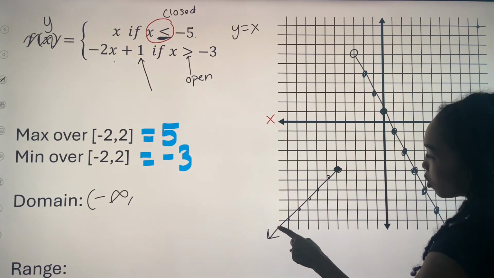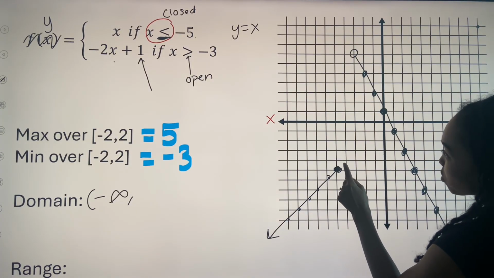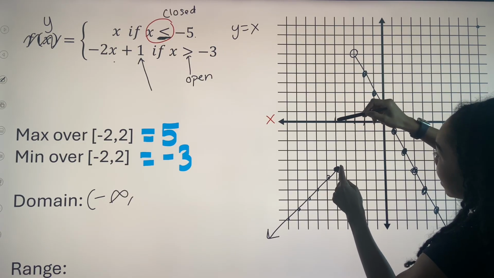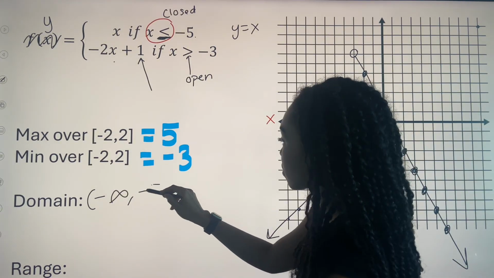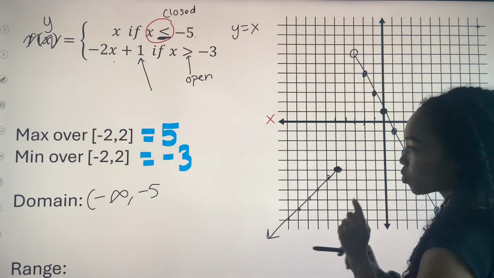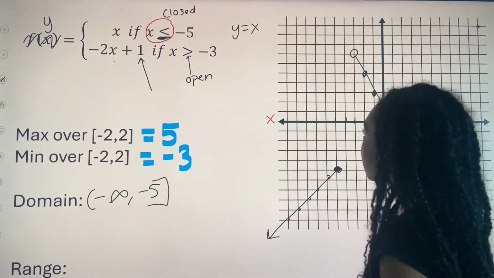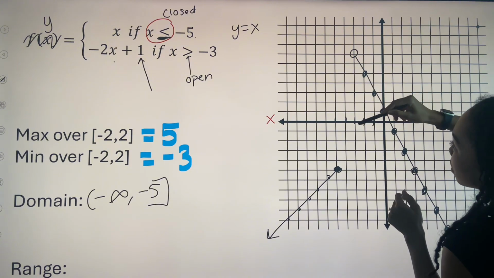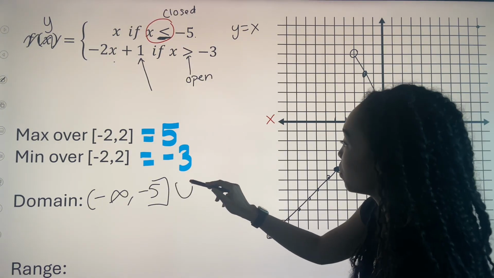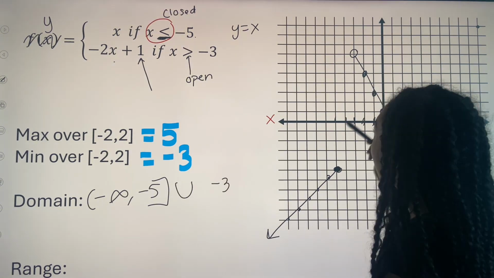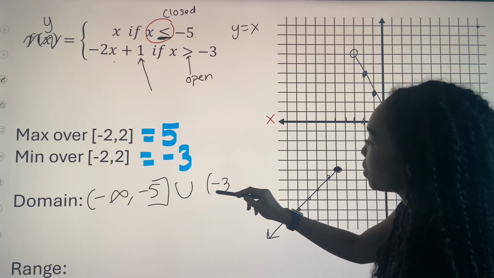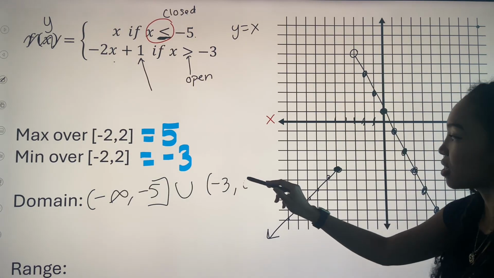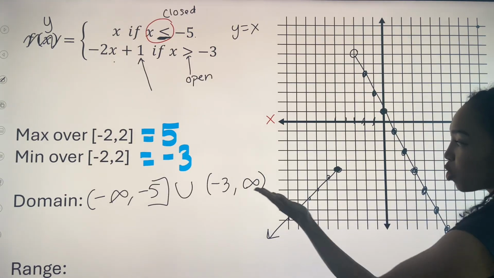And you're going to follow the line, and it stops right here at negative 5. Since that is a closed circle, I will use a bracket. Then it continues right here at negative 3. So I'm going to put negative 3. That's an open circle, so that'll be a parenthesis. And then it keeps going to the right. So that is infinity. That is your domain.